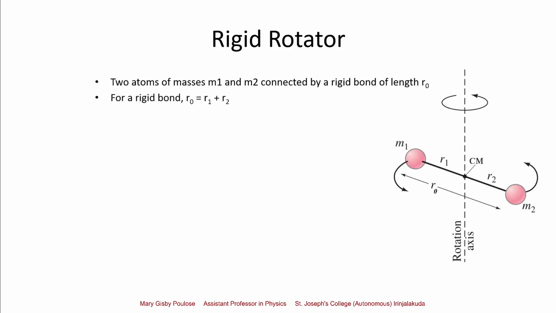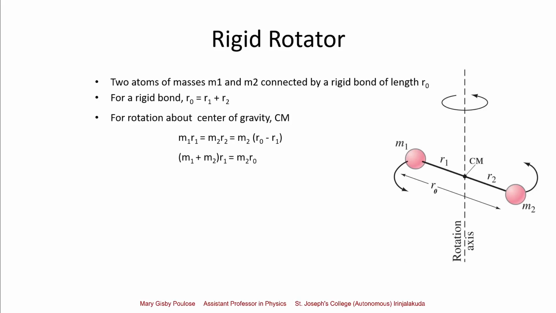For the rigid bond, r0 is given as r1 plus r2, and for the rotation about the center of gravity CM, we have the relation m1r1 is equal to m2r2, which is equal to m2 into (r0 minus r1).